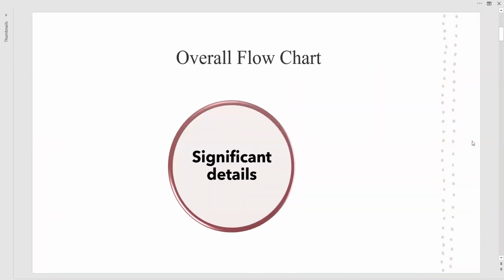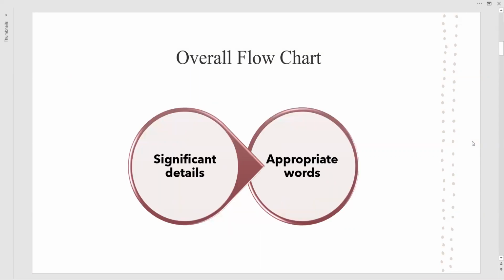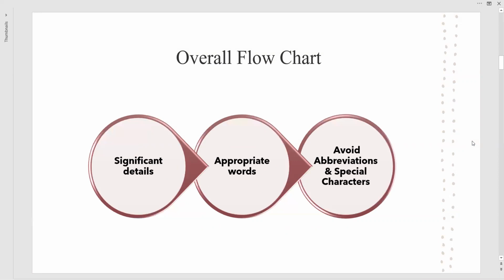its overall flowchart first. In that, the very first content required is that the significant details of the work should be known to the researcher. Next, the appropriate words that are to be utilized in the total work, including the keywords, whether it is descriptive or objective in nature. Next, avoiding the abbreviations and special characters.